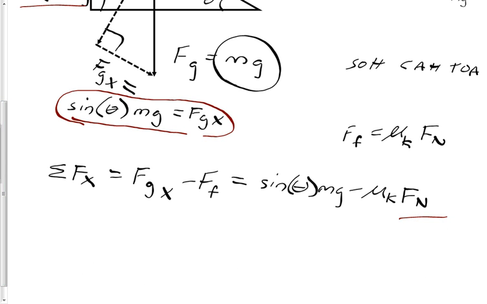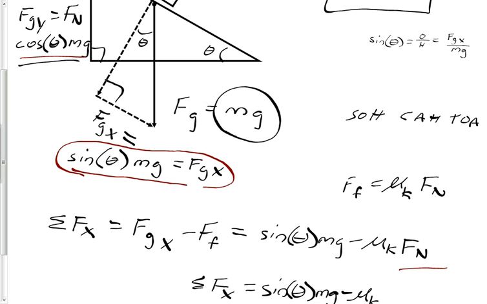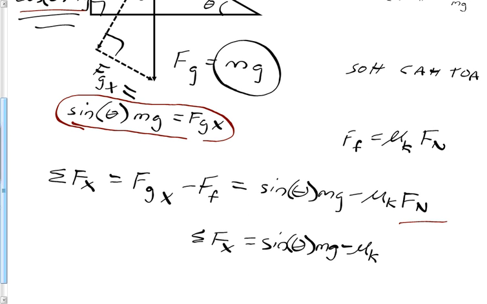Let's rewrite that so that we can express that. So the sum of forces in the x direction is equal to sine theta mg minus mu k times, again, the normal force, which is equal to cosine theta mg. So we're just breaking it down and substituting.